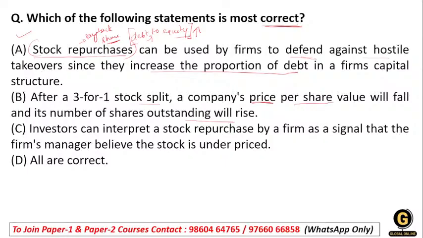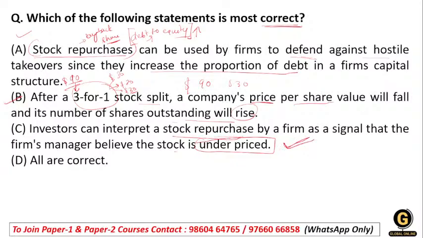So the price per share will drop proportionately. If the stock traded at rupees 30, that does not reflect the true value of the business in that condition. So this is a true statement, isn't it?